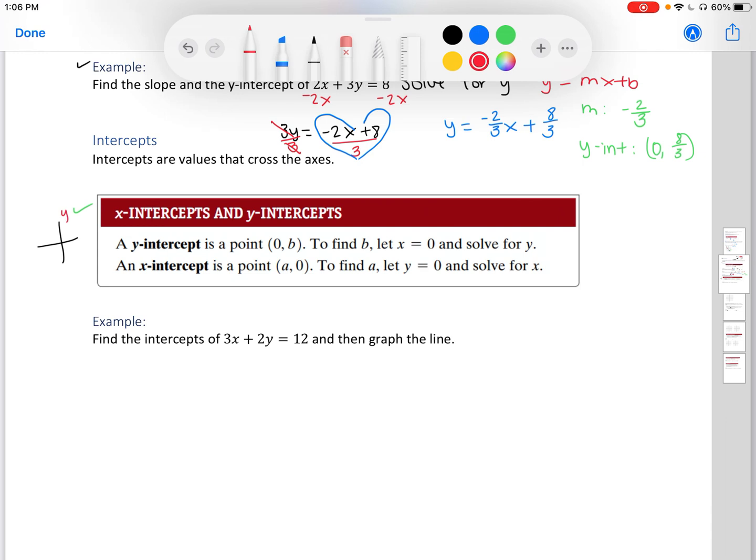Your y-intercept is a point along the y-axis. Our x-intercept is a point along the x-axis, and it can be anywhere along the line. These are special points that a line may have. Here you also have your instructions: to find b, let x equal 0 and solve for y; to find a, let y equal 0 and solve for x. In other words, let the other letter be 0 and solve for the remaining variable.